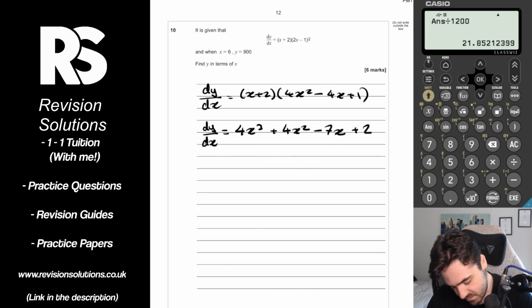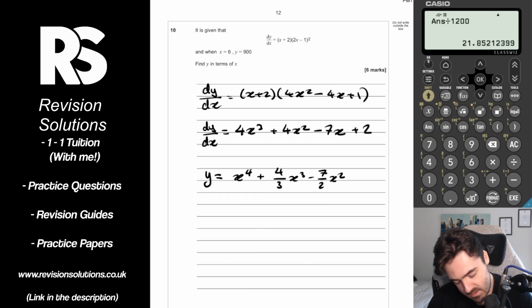So that would give us y equals, raising the power by 1 divided by the new power, just x to the 4. Then we'd have 4/3 of x cubed, then minus 7 over 2 x squared, plus a 2x, and then plus c.